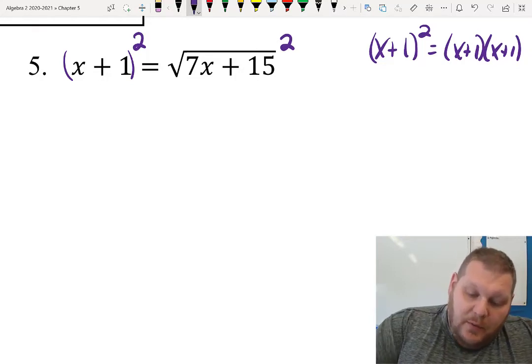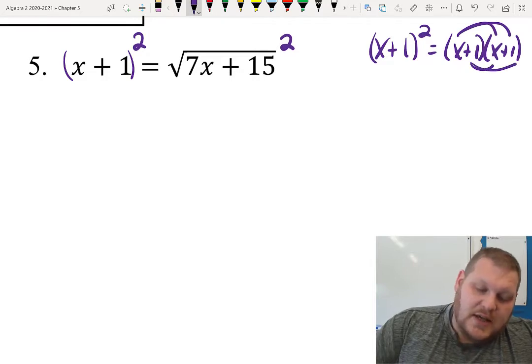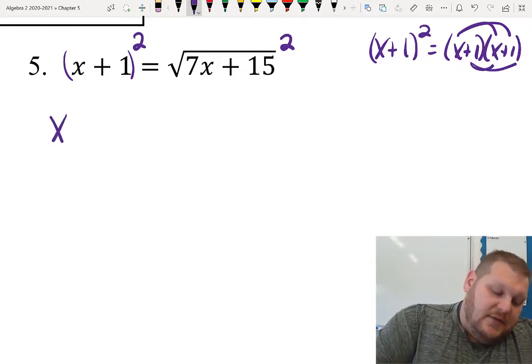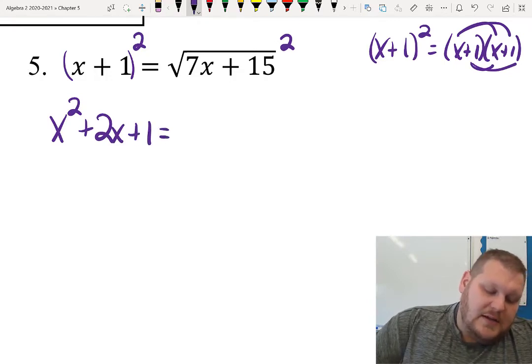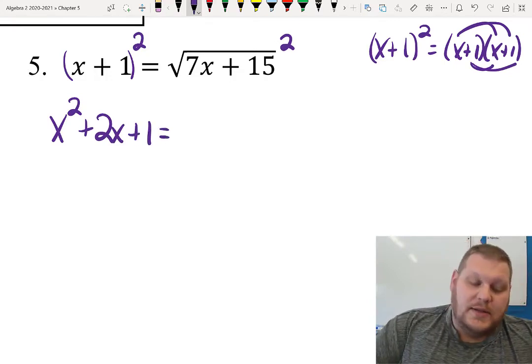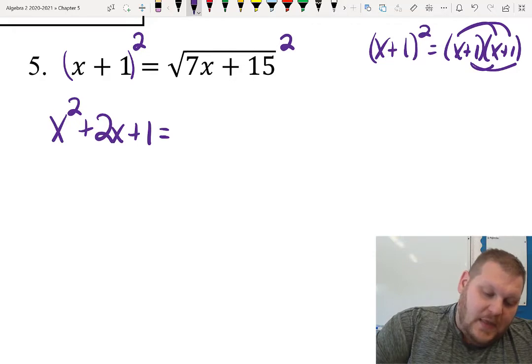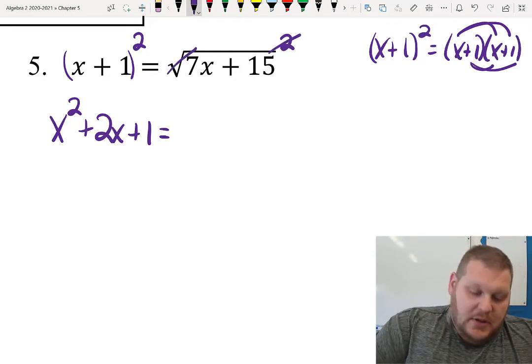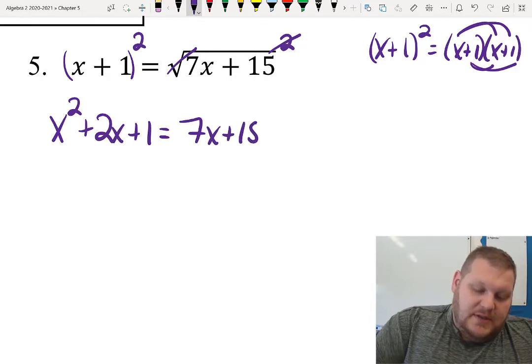So when we FOIL, x times x, x times 1, 1 times x, 1 times 1, and collect our like terms, we end up with x squared plus 2x plus 1. And over on the right side, my square and my square root cancel each other out, so I'm left with 7x plus 15.